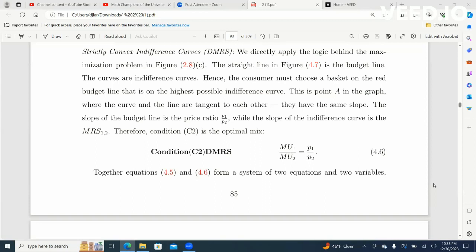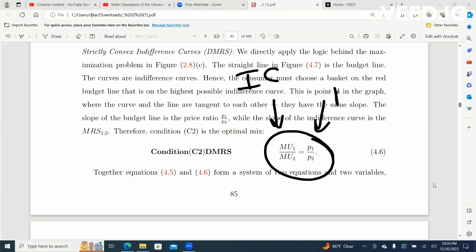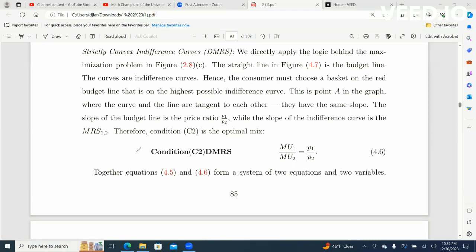So we just derived this in the previous video. Remember that comes from our utility, that comes from our indifference curves, and this comes from our budget line. So we always have the two, and we have to derive that. We have to take the partials and all that. And that's where that statement comes from there.